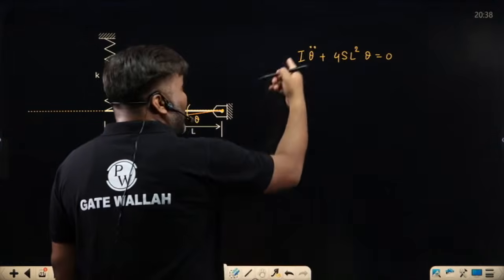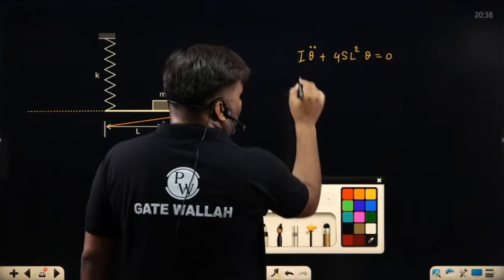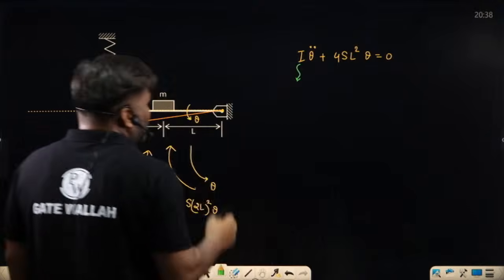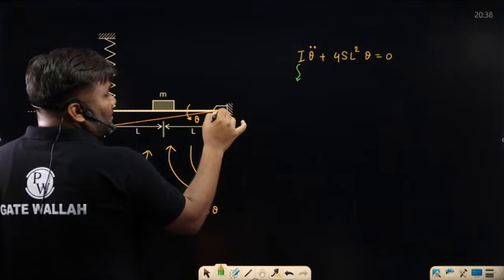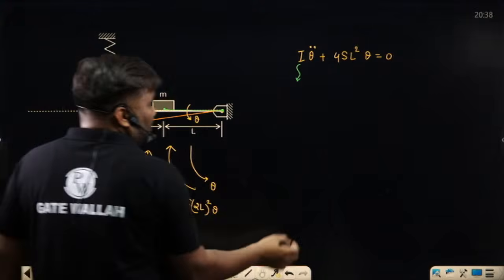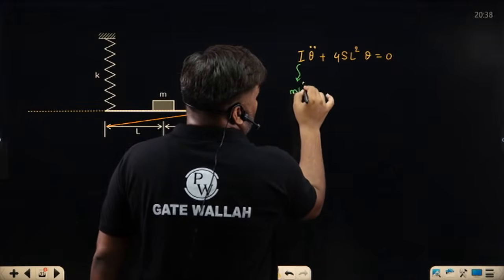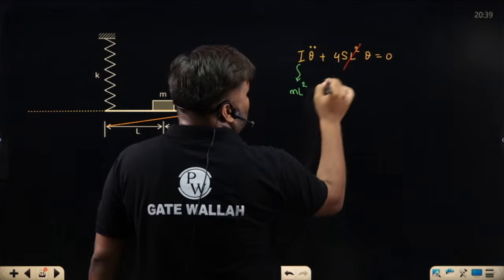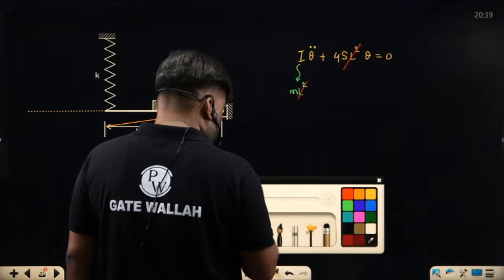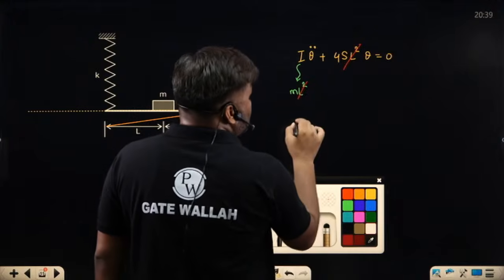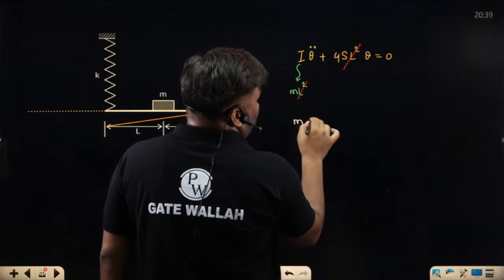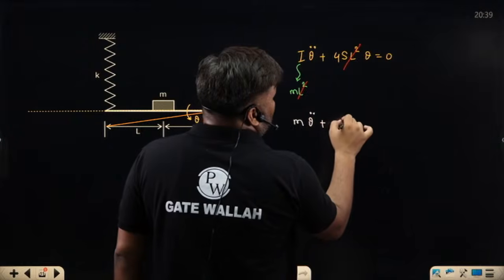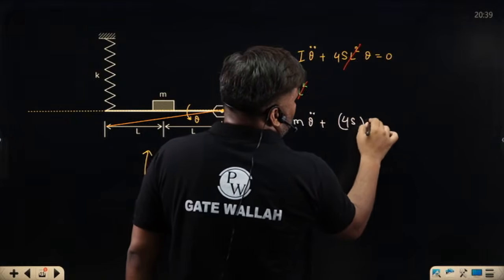What is the value of I? Moment of inertia is how much? From here L distance we are having mass M, so this is mL square. This L square gets cancelled and I am left with m theta double dot plus 4S theta is equal to 0.